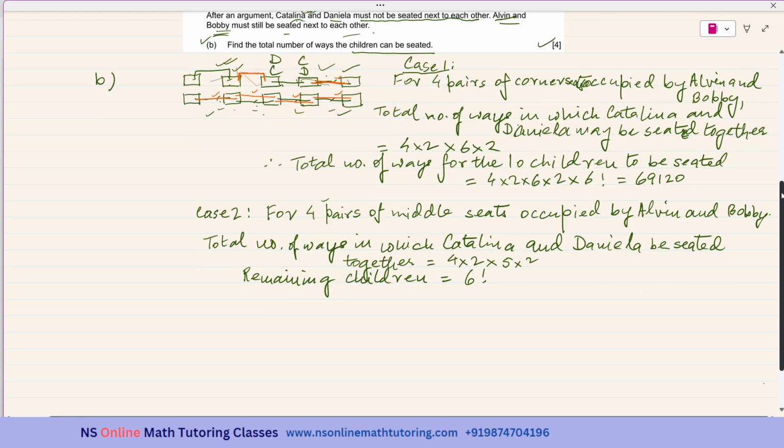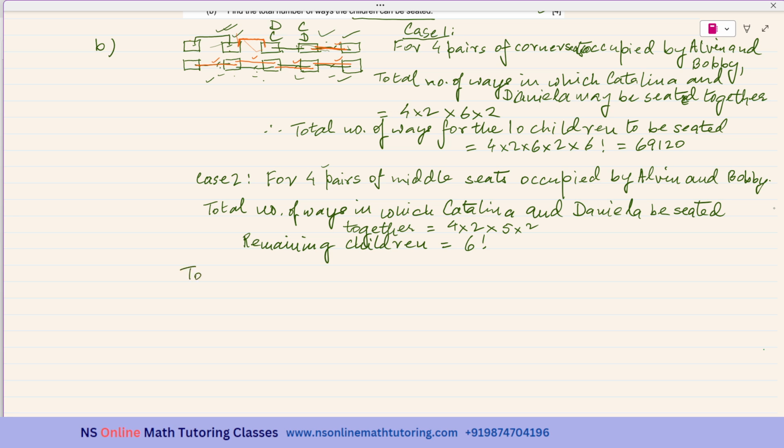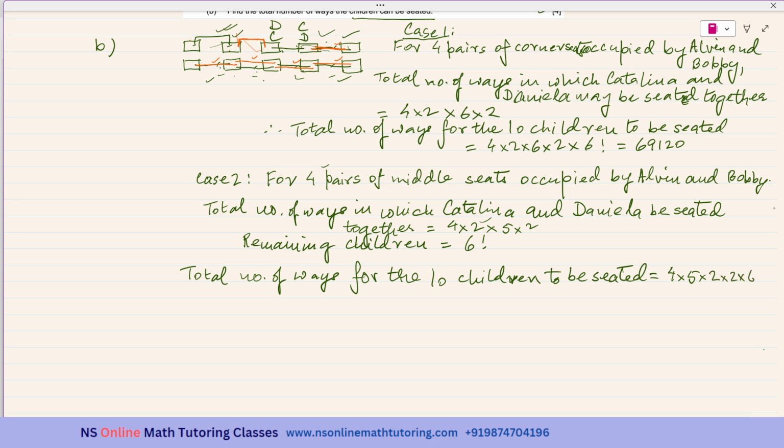Okay, and therefore total number of ways for the 10 children to be seated will be equal to, this is 4 times 5 times, I have not written 2, so I'm writing 2 times 2 and 6 factorial.